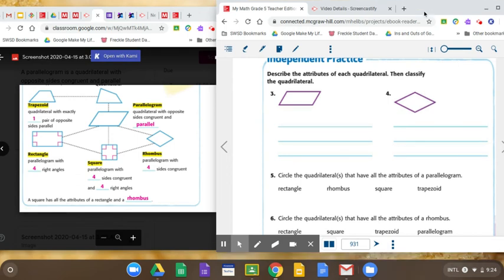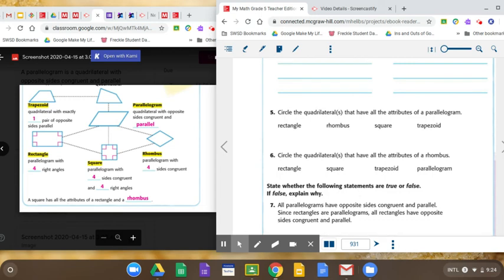So then you have types of questions like this down here. It says, circle the quadrilaterals that have all the attributes of a parallelogram. So in order to be a parallelogram, it has to be a quadrilateral with opposite sides that are congruent and parallel. So you're looking at these shapes. Does a rectangle have opposite sides that are the same length and parallel? And it does. So that would be one of them.